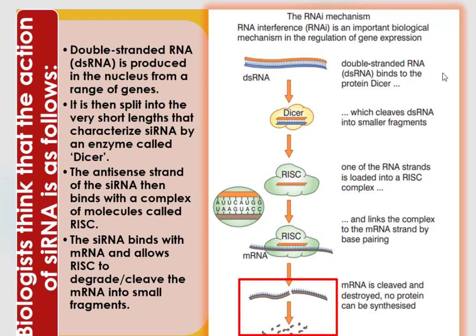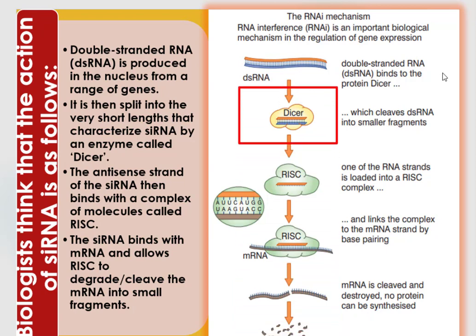As we can see from the diagram, double-stranded RNA binds to the protein dicer and gets cleaved into smaller fragments, what we call short interfering RNA. One of the RNA strands, that is, the antisense strand of the RNA, is loaded into the RNA-induced silencing complex or RISC.